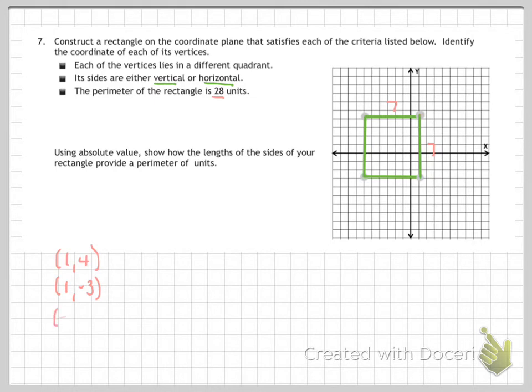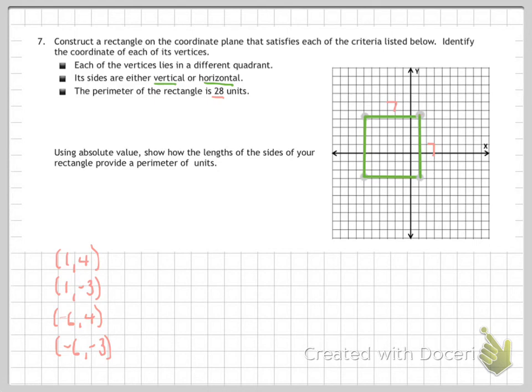So that's (-6, 4). And then I'm going to go left 6, down 3. So that's (-6, -3). Again, your points could be in a lot of different places. As long as the perimeter was 28 and you've got vertical and horizontal lines with different quadrant points, you're going to be in good shape. Probably not what I have here.